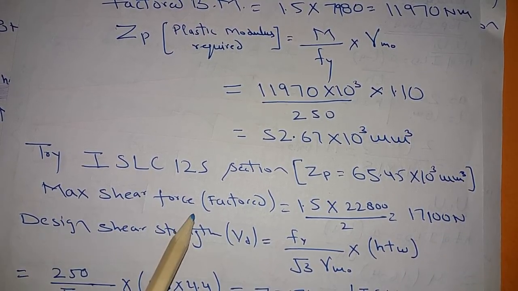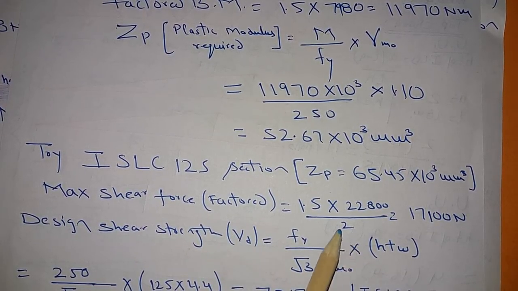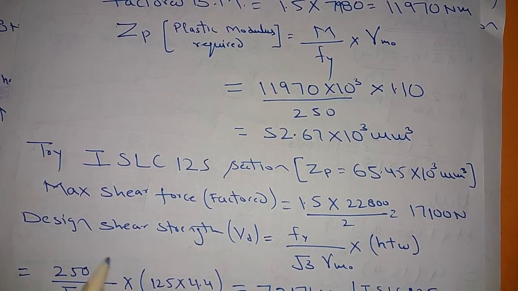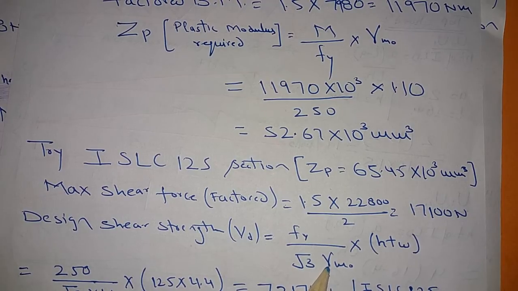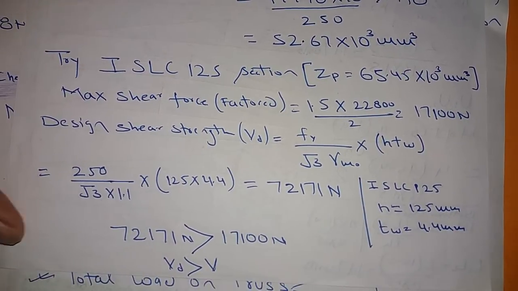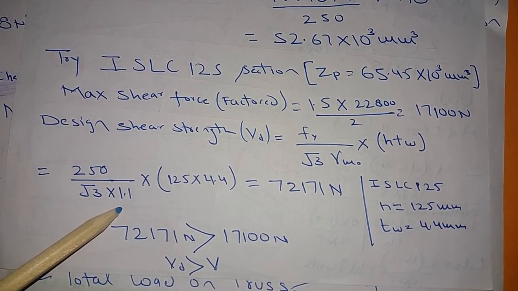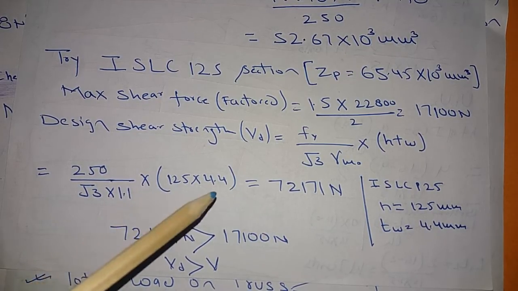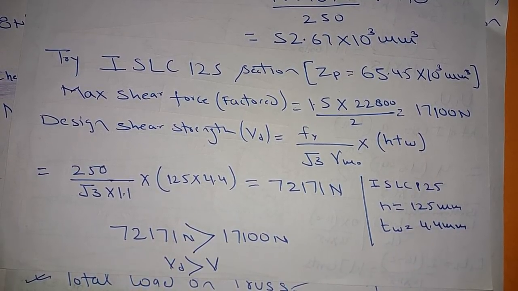Now the maximum shear force which is factored for this particular one is W by 2 into 1.5, already calculated. Now the design shear strength Vd is Fy upon root 3 gamma m into H into Tw. Fy is 250, root 3, gamma m 1.11, then H is 125 mm, and 4.4 is the thickness of the web for that particular channel.